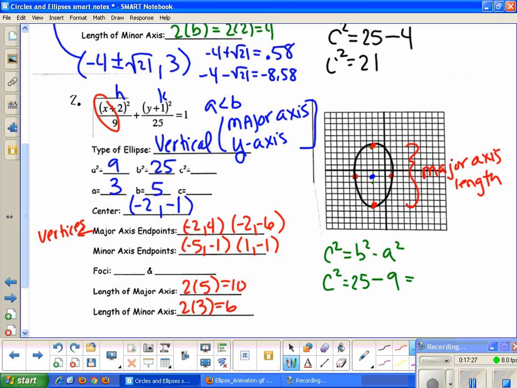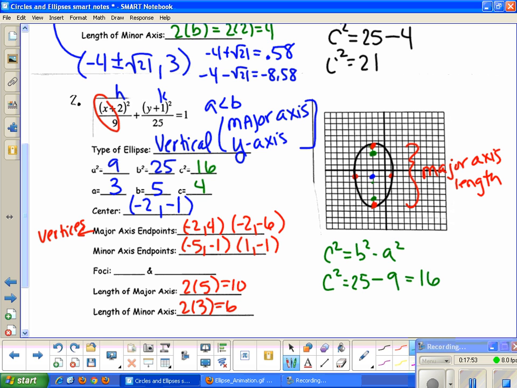And when I solve, this is equal to 16. So c squared is 16. That means that c is equal to 4. So if I go from my center, I'm going to move up 1, 2, 3, 4.